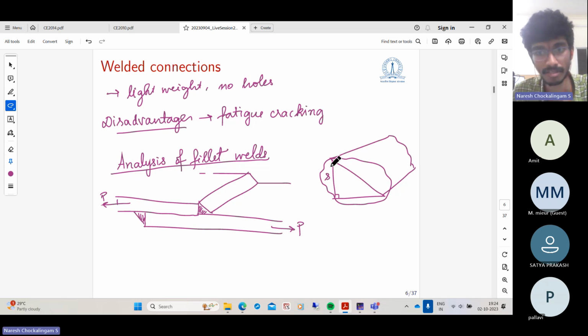There can be all kinds of forces acting onto this weld. It can be an axial force, there can be a shear force, and so on. But as I said, a fillet weld is weak in shear. So the place where it is bonded to the parent material has high shear stresses.